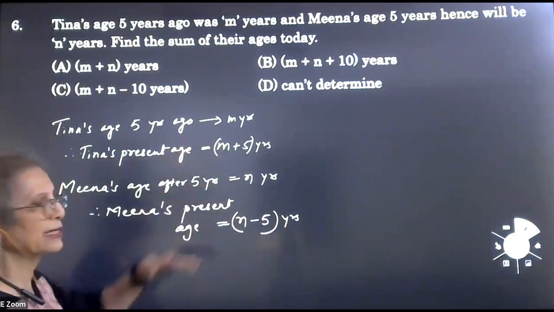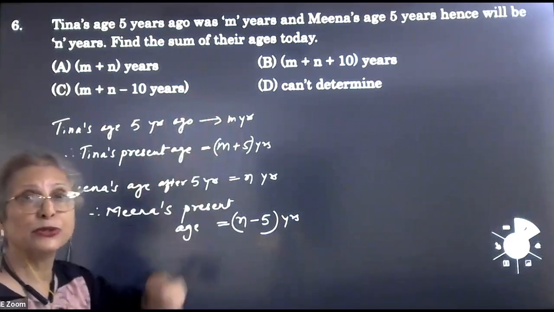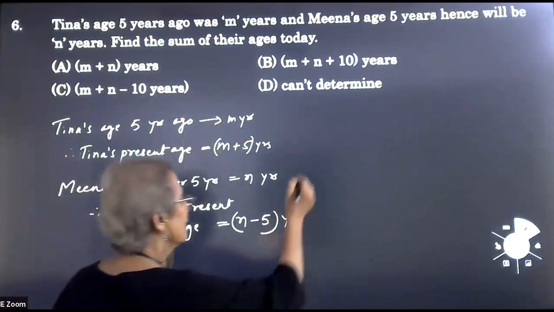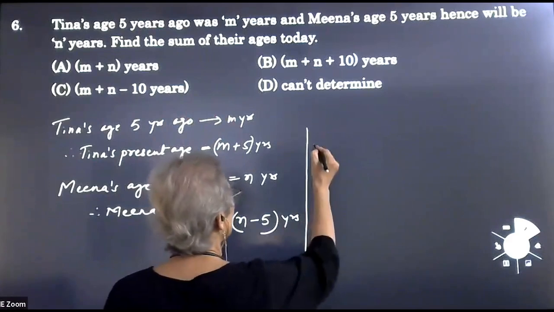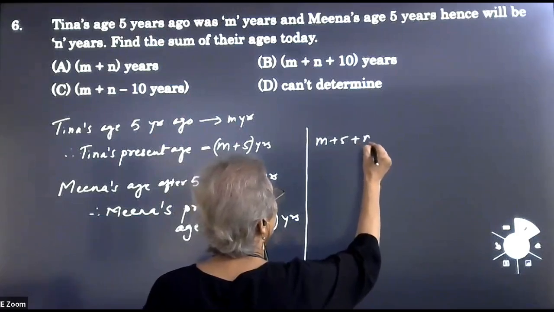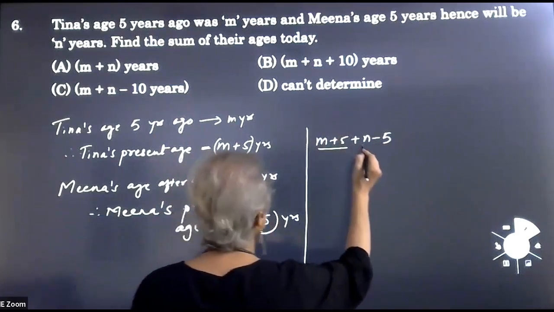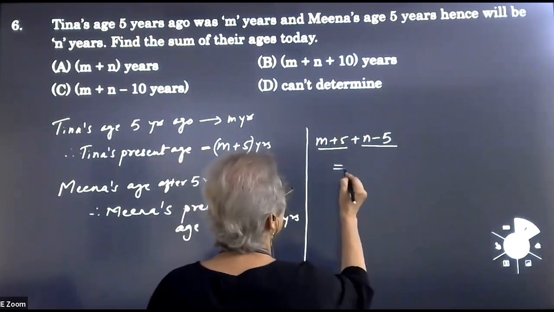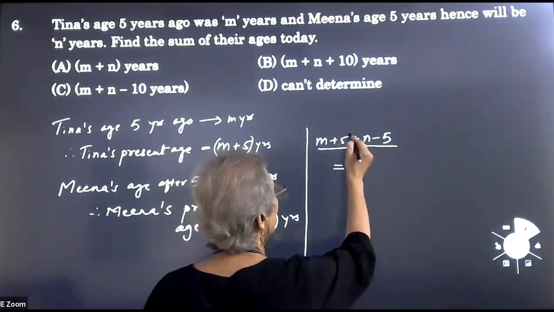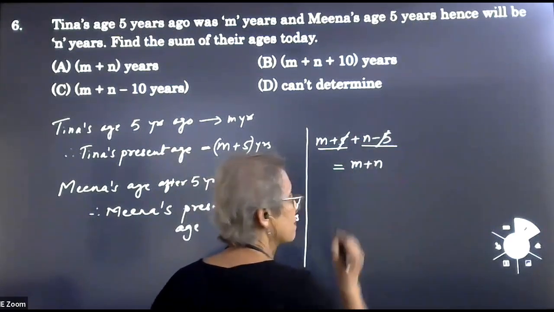Now these are their present ages. And what is asked? Find the sum of their ages today. Today means present ages. So let us add them. It is M plus 5 plus N minus 5. This is Tina's age, this is Meena's age. Here plus 5 minus 5 will get cancelled and only M plus N will remain.